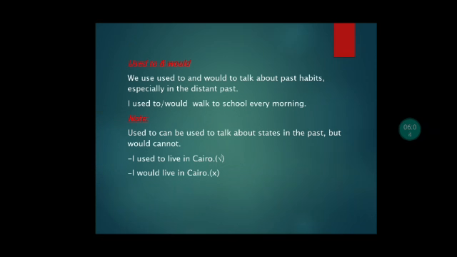Also, we can say I would walk to school every morning. They are the same here. But used to can be used to talk about states in the past, but would cannot. For example, I used to live in Cairo. That's correct English.